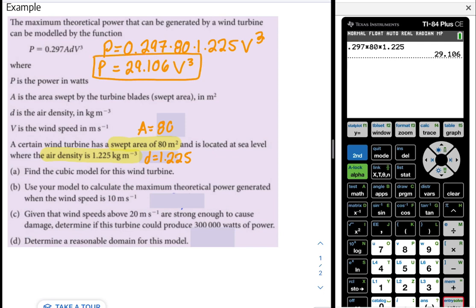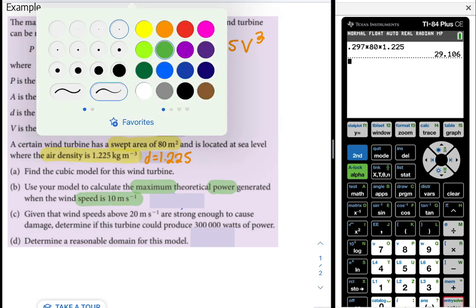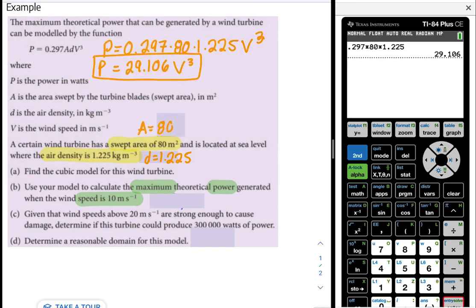Part B. Use your model to calculate the maximum theoretical power generated by the wind turbine when the speed is 10 meters per second. For this question, what does speed represent?